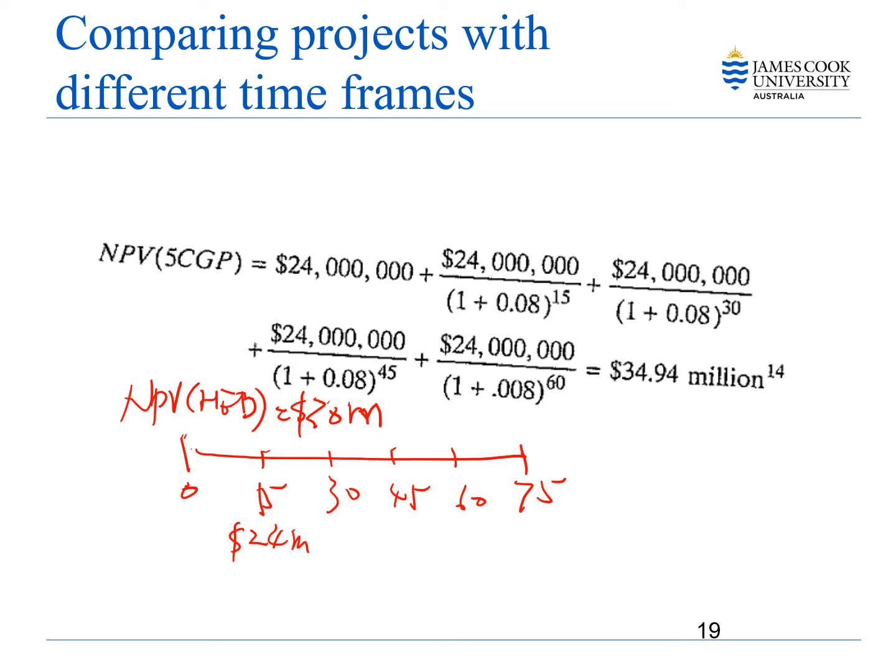So let's roll over this cogeneration project 5 times to get the same number of periods.